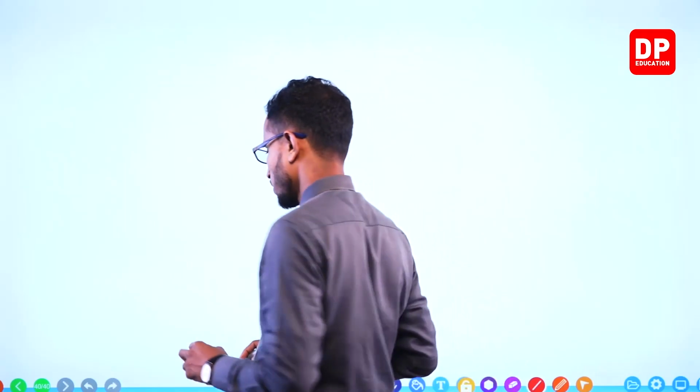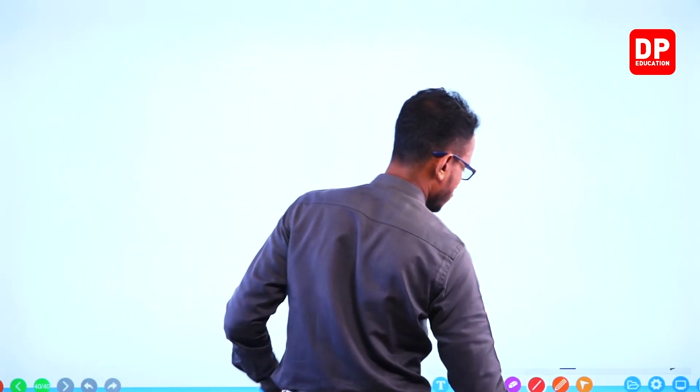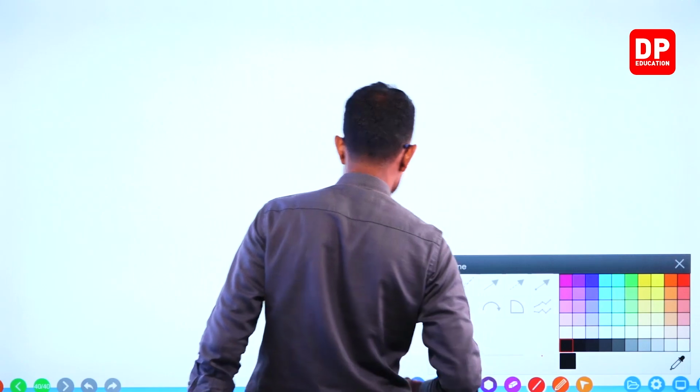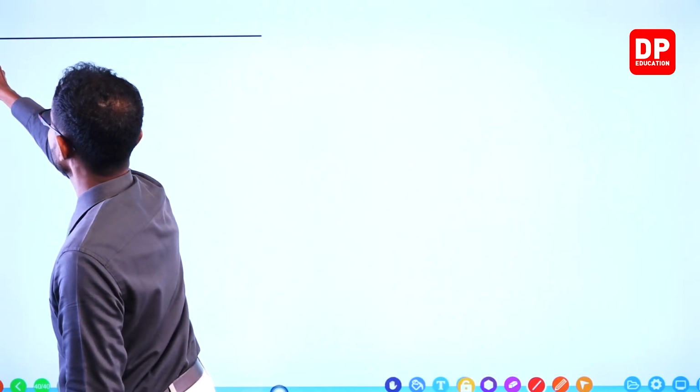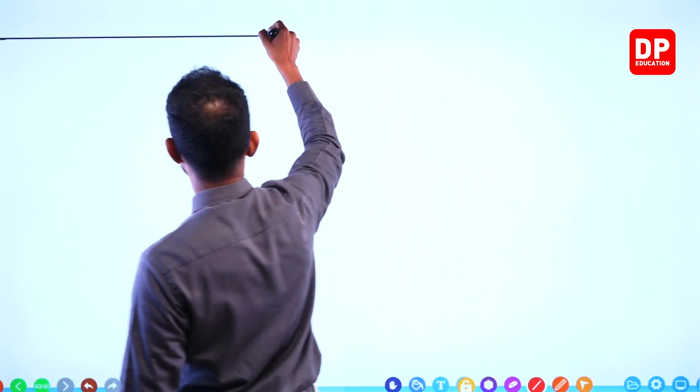You have to prepare both parallelly. Like this side SOPL, this side SOFP. Both should be drawn together and filled together. So I'm going to draw it here, the SOPL.